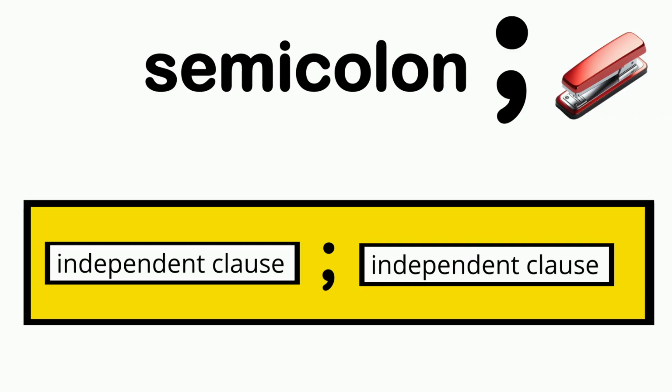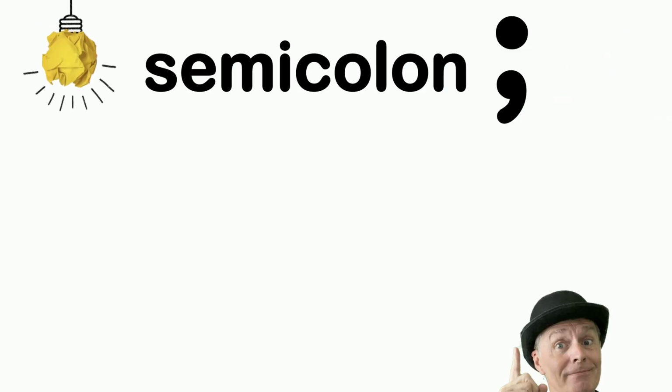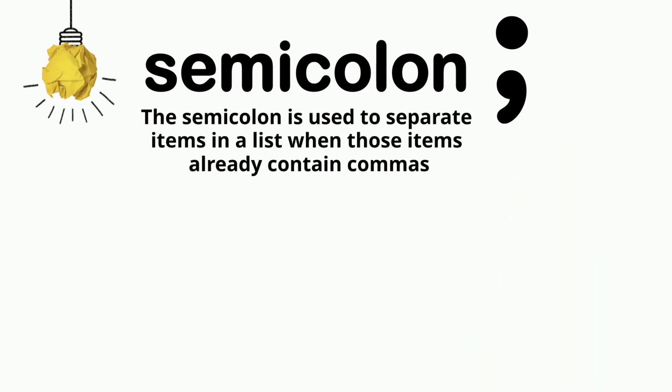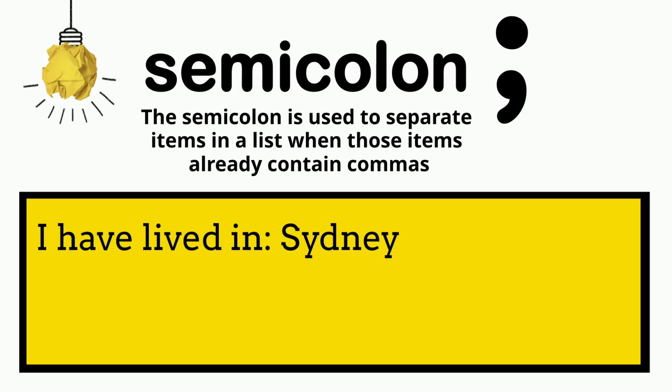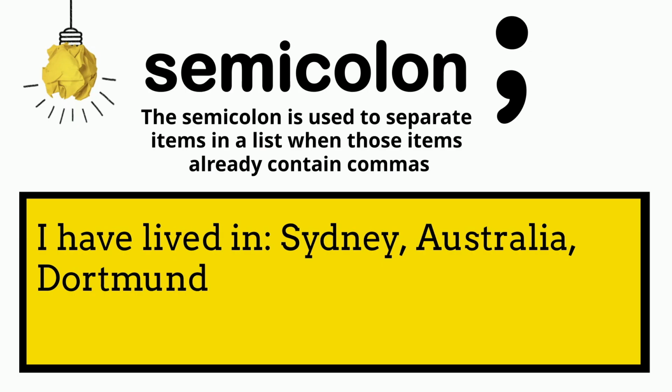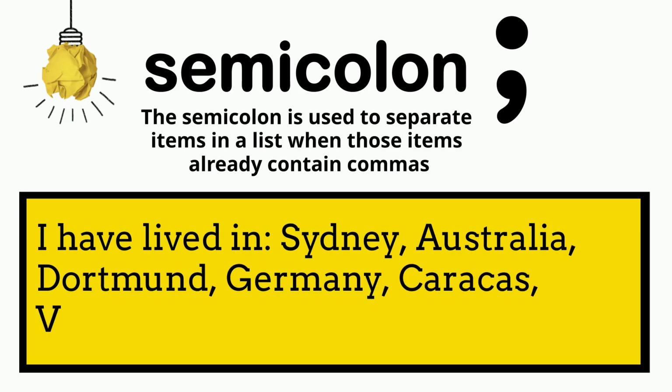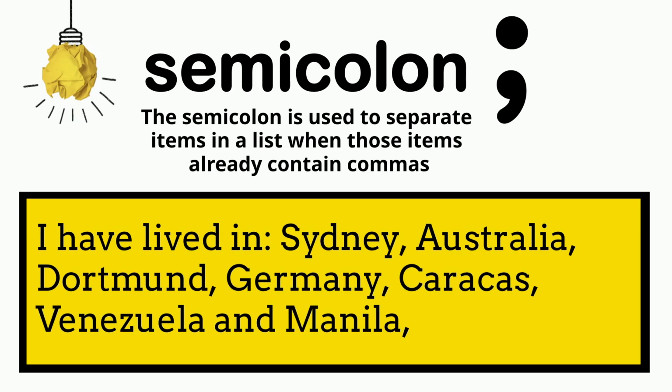As well as joining together independent clauses, the semicolon has another use. It is used to separate items in a list when those items already contain commas. Let me explain with an example. Imagine if I wrote this. I have lived in Sydney, Australia, Dortmund, Germany, Caracas, Venezuela, and Manila, Philippines.